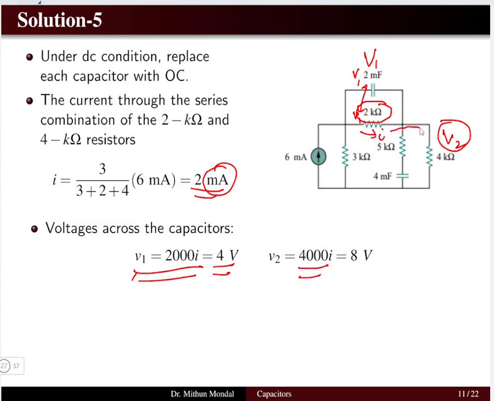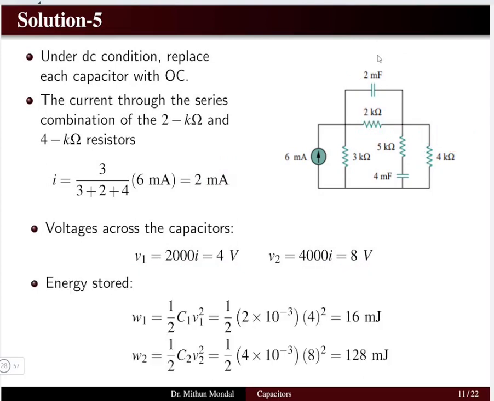Now the same current is flowing here in the DC condition, so we will be having 8 volt across capacitor 2. So once we have got the voltage of the first capacitor and the second capacitor, we can determine the energy which is stored in the capacitor with the formula half CV square. So here we have a different capacitance value and different voltage value. So we are getting 16 millijoule and 128 millijoule as the energy which is stored in the two capacitors.